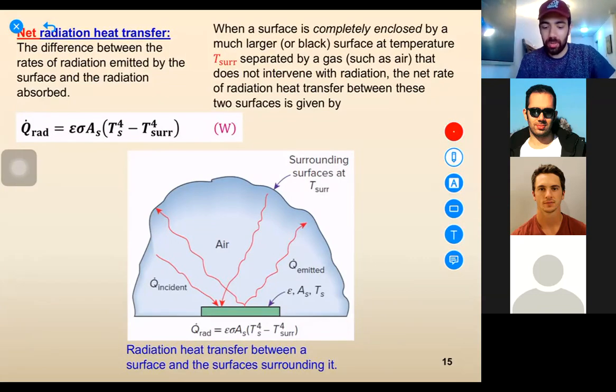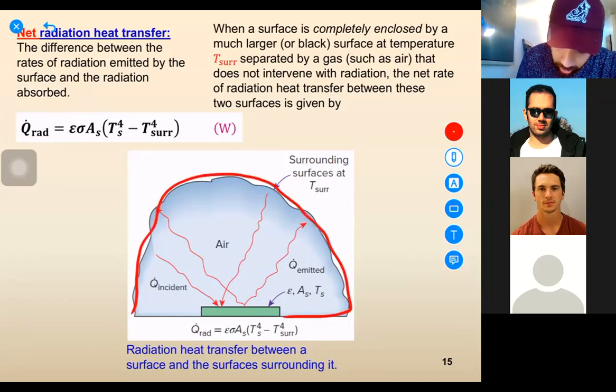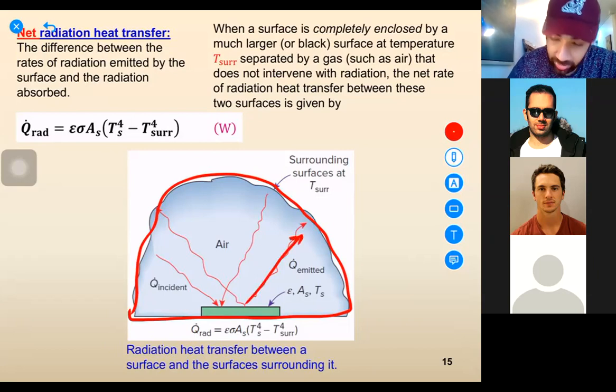For example, if we consider a surface here and we enclose it with the outer boundaries, like a cloud here, the radiation emitted by this surface goes to the boundaries of this cloud, and it is transferred back in terms of radiation again to this surface.